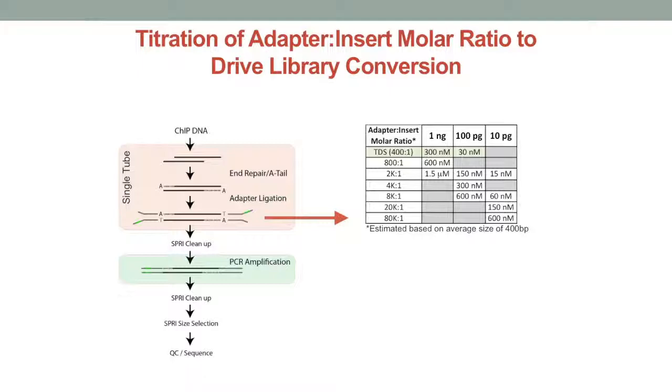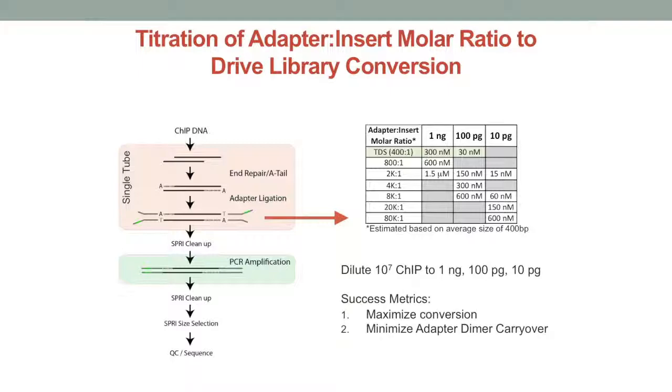We took our 10^7 cell ChIP and diluted it to these volumes so that we were working with the exact same IP, which would allow us to compare results that should look the same. Our success metrics were what maximizes our conversion, the amount of library we're getting, while minimizing the amount of adapters carried through to the sequencing, which can negatively affect our sequencing run.